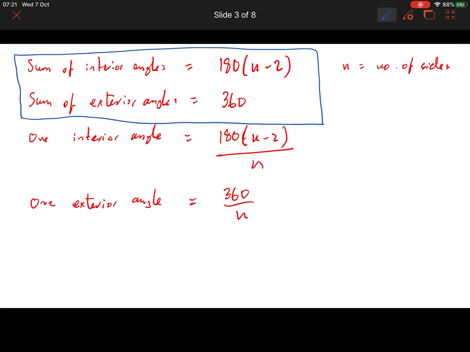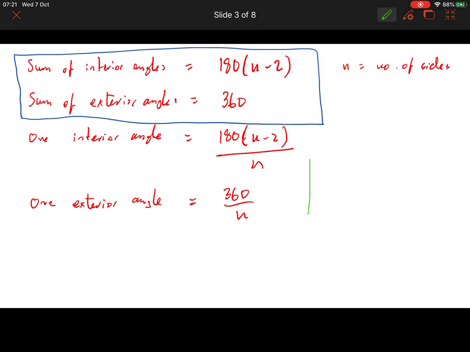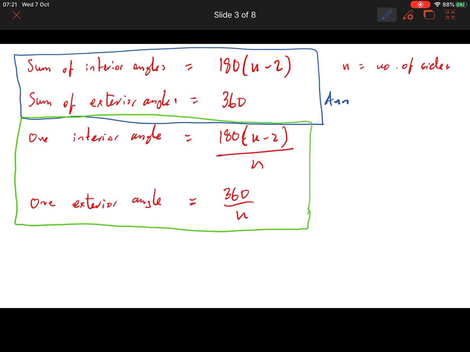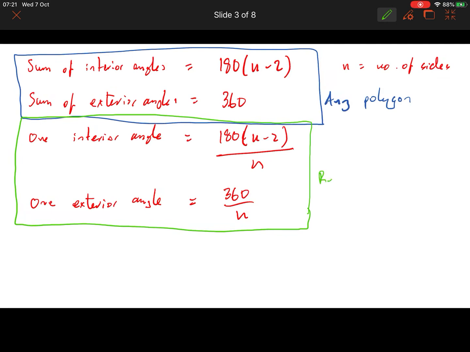And one exterior angle is 360 divided by the number of sides. These are not for any polygon. These only work for regular polygons. So, just to make that clear, this is for any polygon. And this is only for regular polygons.